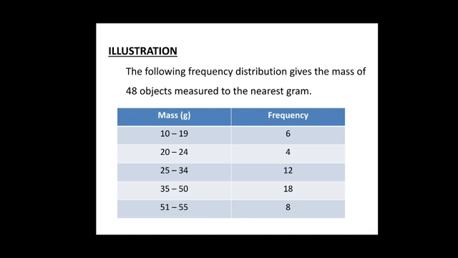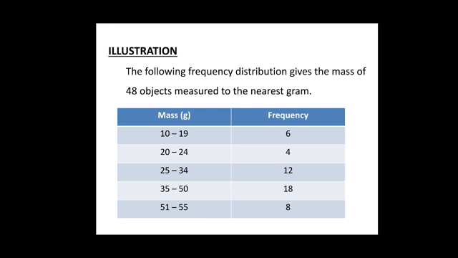Here we can see that the class intervals are not uniform. Like the class size of first and third class interval is 10. The size of second and fifth class interval is 5. And the size of fourth class interval is 15. Thus, in this data set, we have unequal class intervals.